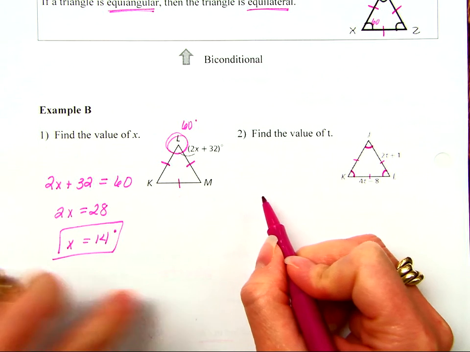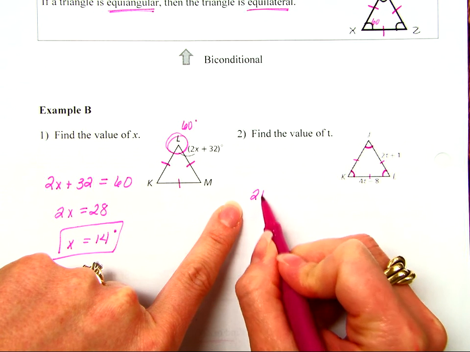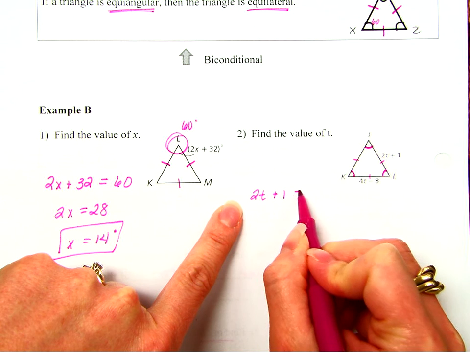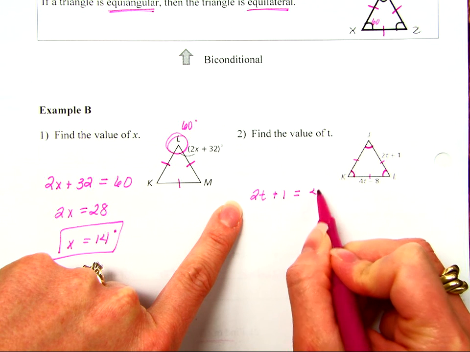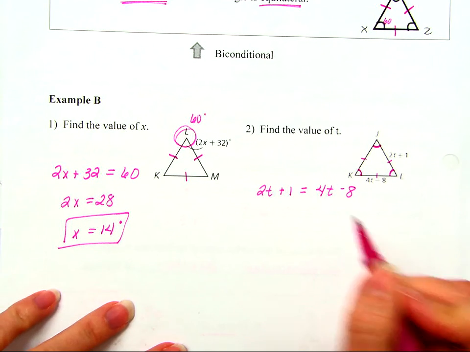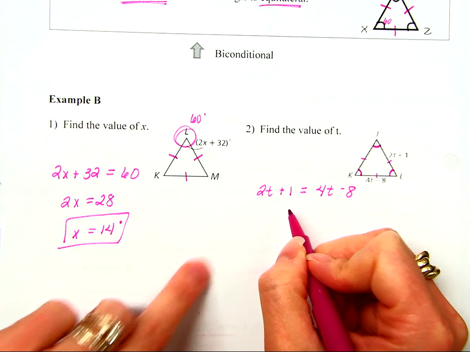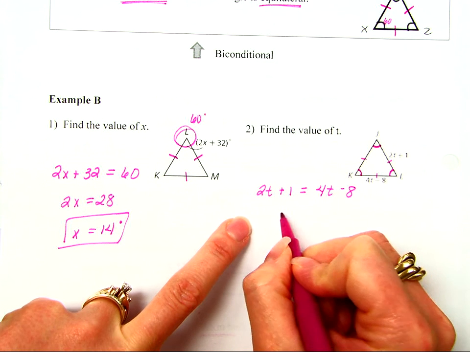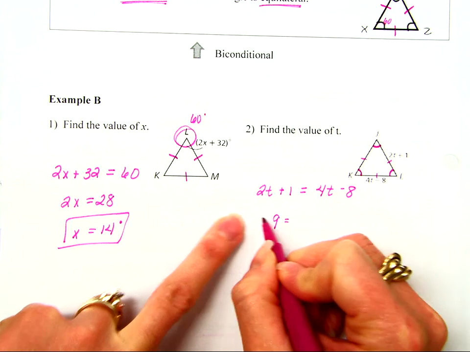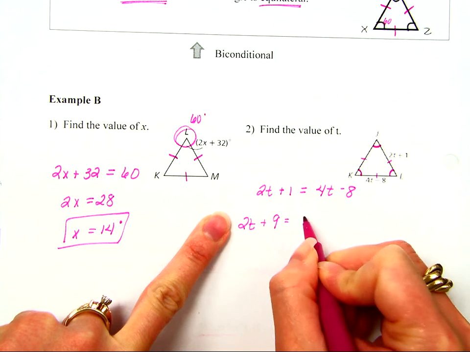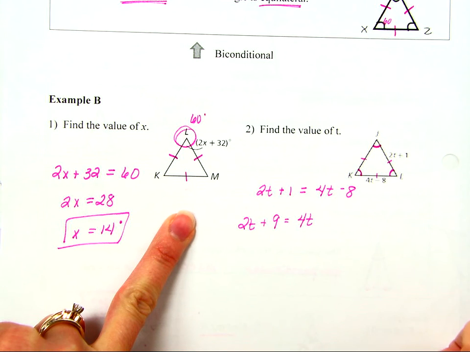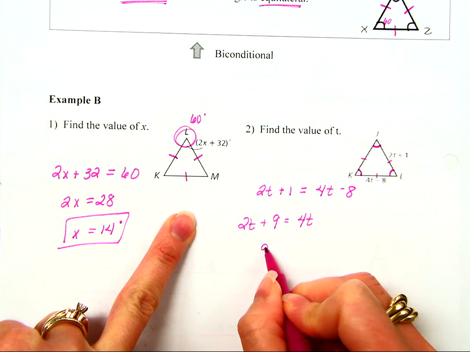And so we know that 2t plus 1 would have to be equal to 4t minus 8. And we can go ahead and solve from there. I'm going to add 8. Subtract 2t.